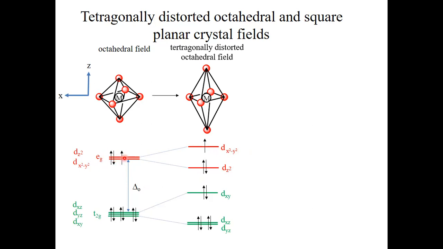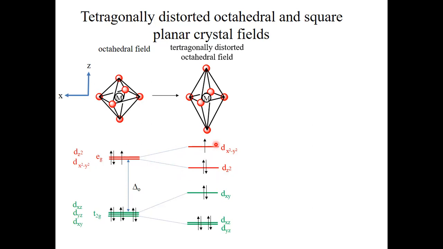Now by the distortion, we can decrease the energy of 2 electrons, the 2 electrons in the dz square orbital, and we only need to increase the energy of 1 electron. So overall, the energy of these 3 electrons has been lowered. And that can now explain why this tetragonal distortion happens. The octahedral complex can lower its energy by tetragonally distorting.